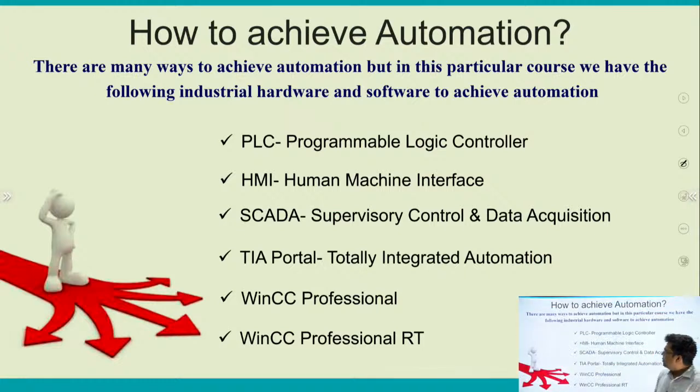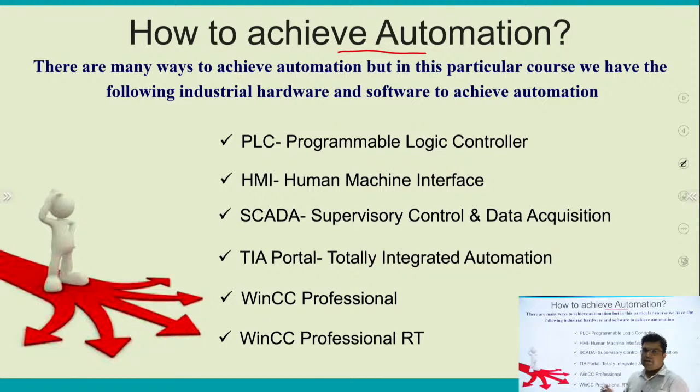Now, what and why are covered. Now come to how to achieve automation. For the automation system we use some hardware and some software. Through a dedicated mixture of hardware and software we can achieve the automation system.